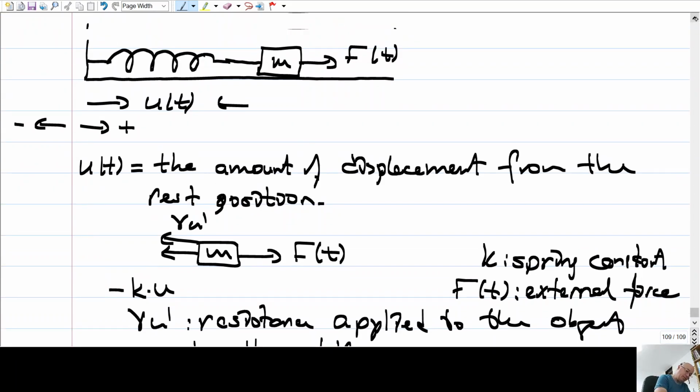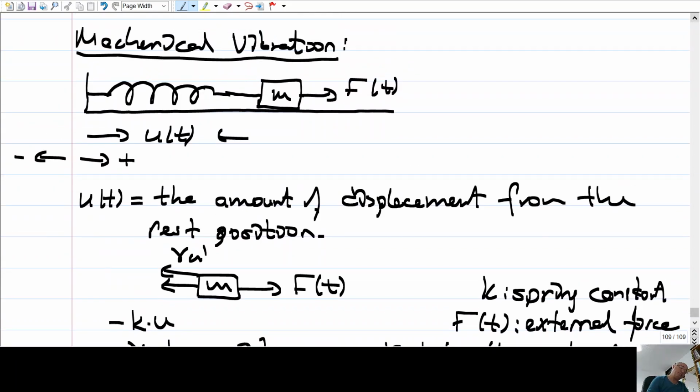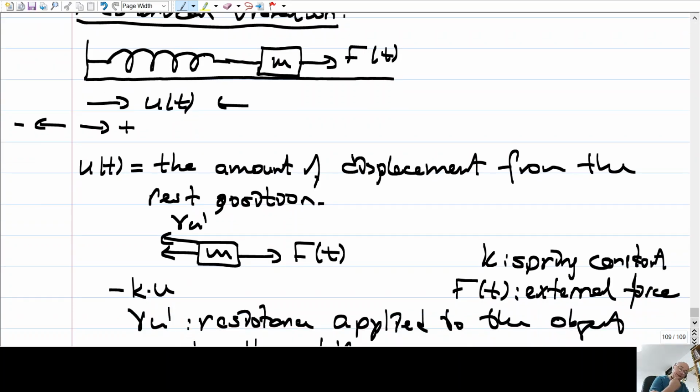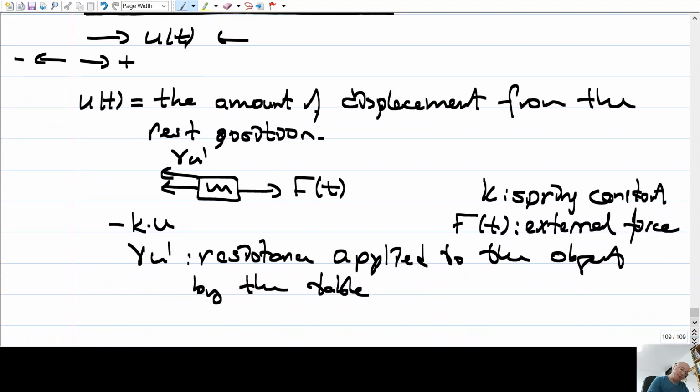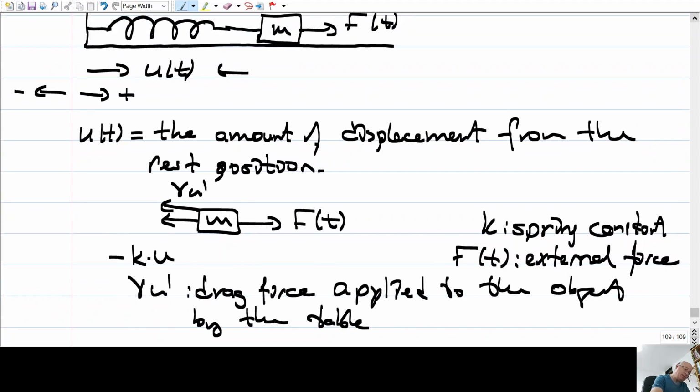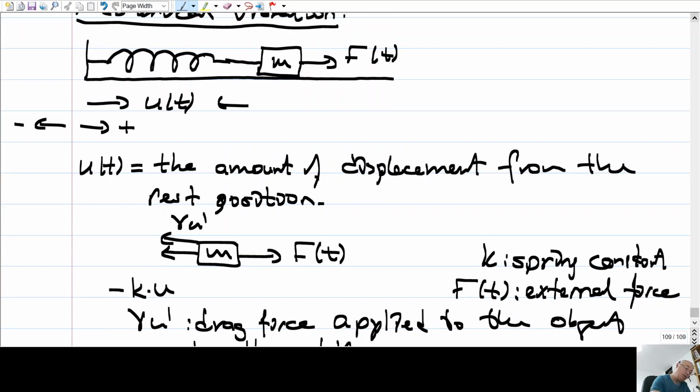Actually, maybe we should say this is not resistance, but a drag force. So it moves inside some, let's say, liquid, or it can also be the air.